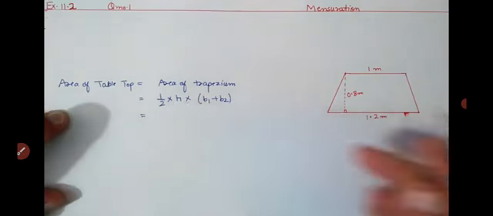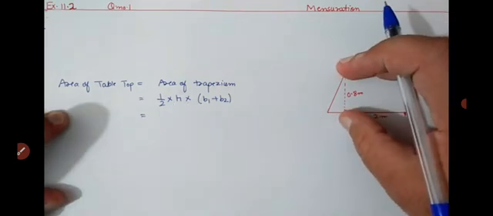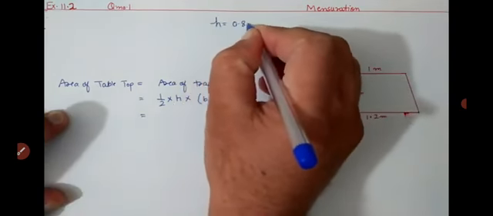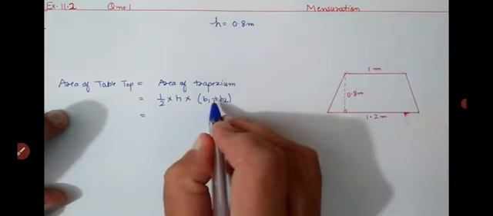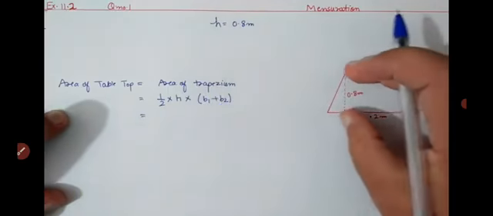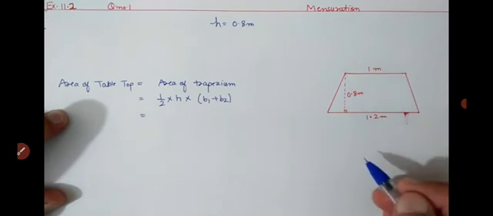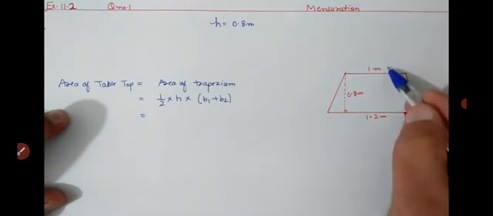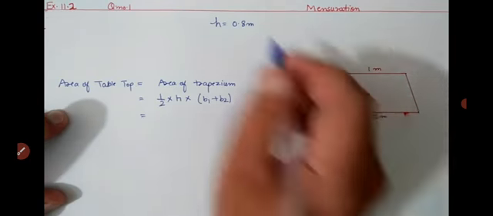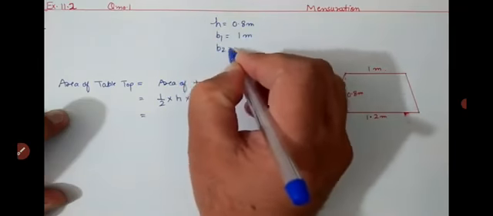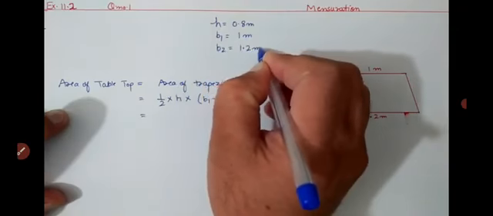What is the height? 0.8 meter. Okay, and b1 is 1 meter and b2 you can take as 1.2 meter. Okay, understand? So you can add them, 1 meter plus 1.2 meter.